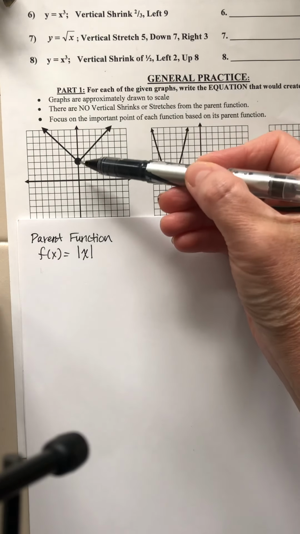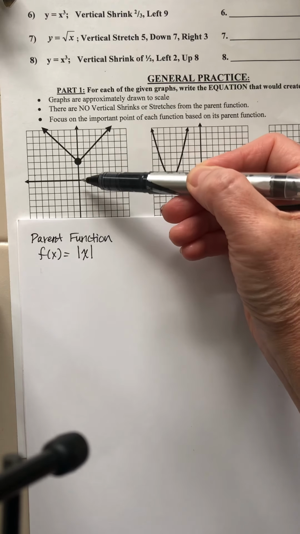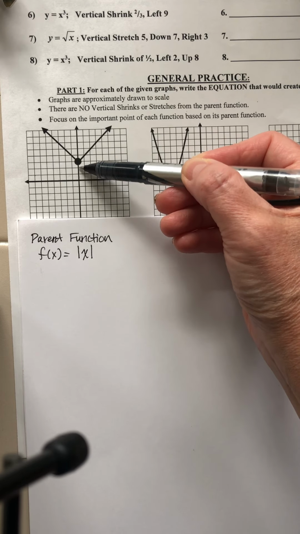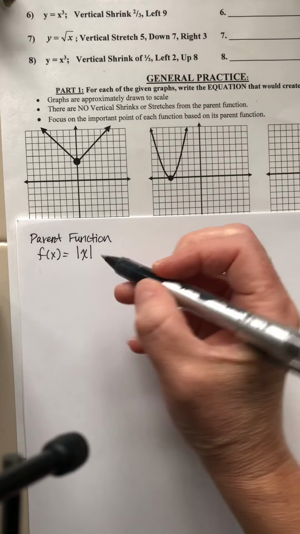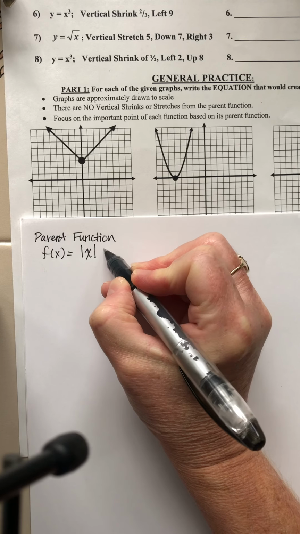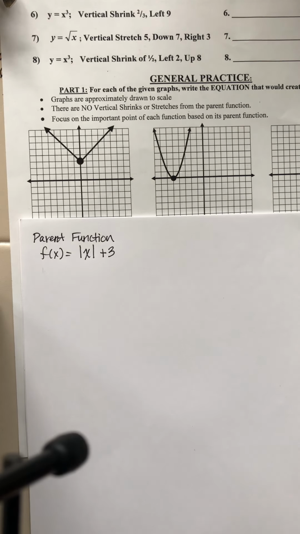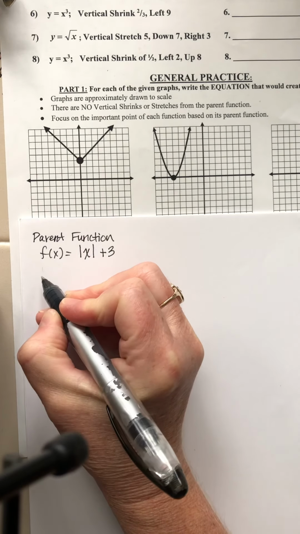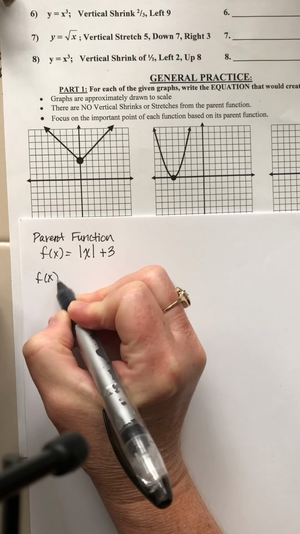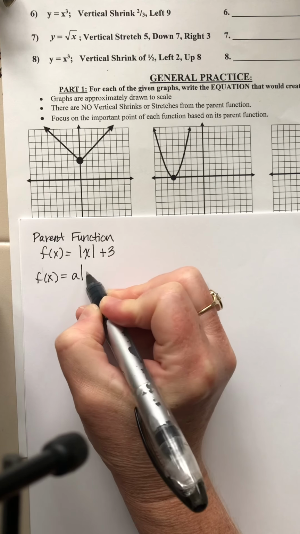When we look at the vertex of this absolute value graph, it's normally at 0, 0. It's been moved up 3. So because it's been moved up 3, there's going to be a plus 3 behind the absolute value. Remember that up and down is what we look at in terms of k. So I'm going to go ahead and write this just so I can refer back to it.